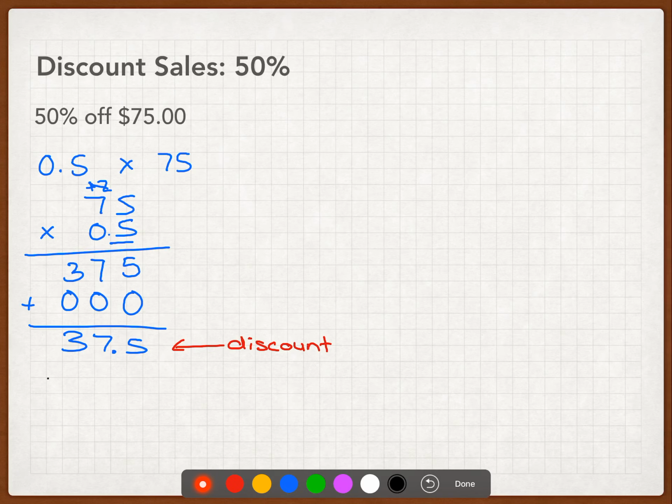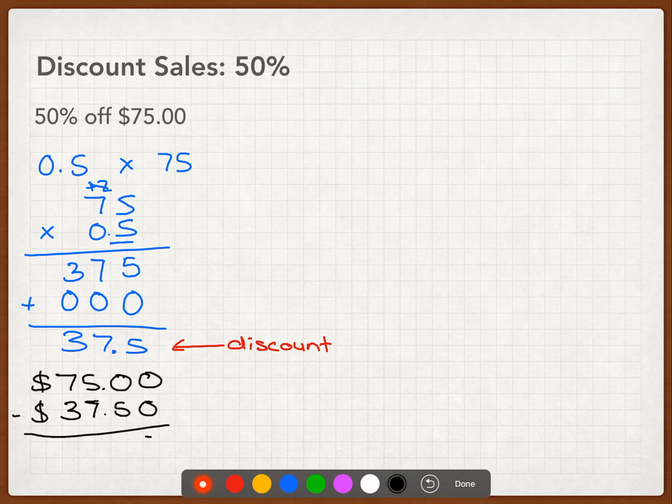We now take our original price of $75 and subtract our discount amount, $37.50. Remember, if there's only one decimal, 5, we can put the 0 in, and then it turns into the money form you would see in the shops. 0 takes 0.